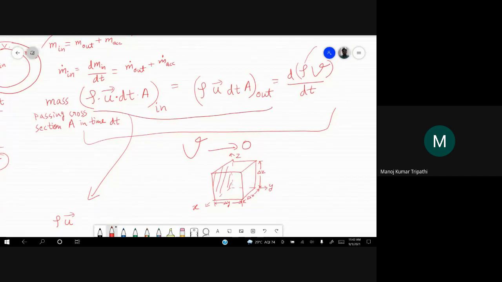We have written the mass passing through cross section A in time dt. We have not written the rate of mass flow. So if you want to write the rate of mass flow, not the actual mass that flowed in time dt, what you do is divide by dt on the left hand side. You take a derivative with respect to dt. So this dt goes away and you get the rate of mass flow instead of the actual mass passing in time dt.